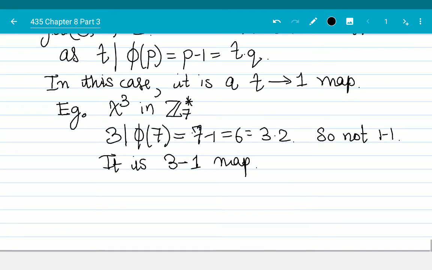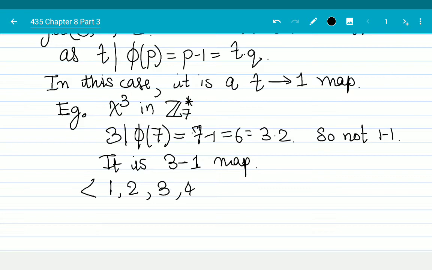Three things in the bottom get mapped to 1. So let us look at it. What are the elements of Z7 star? 1, 2, 3, 4, 5, 6.